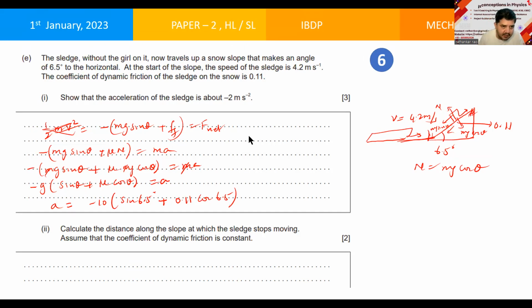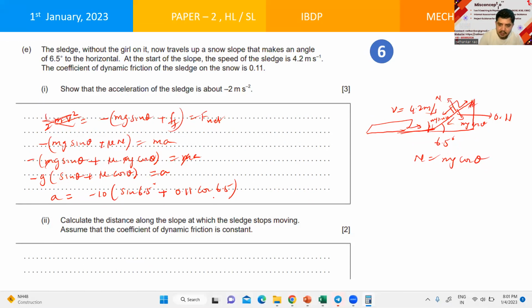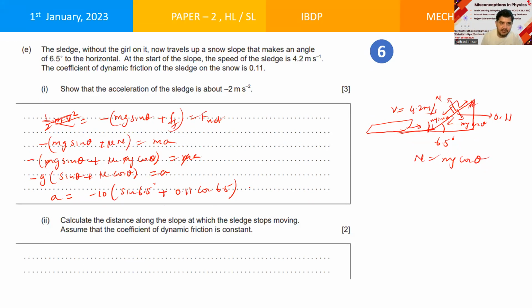Sin, there is sin here. When I do this, I get the answer as minus 10 multiplied by 0.622 plus 0.601.